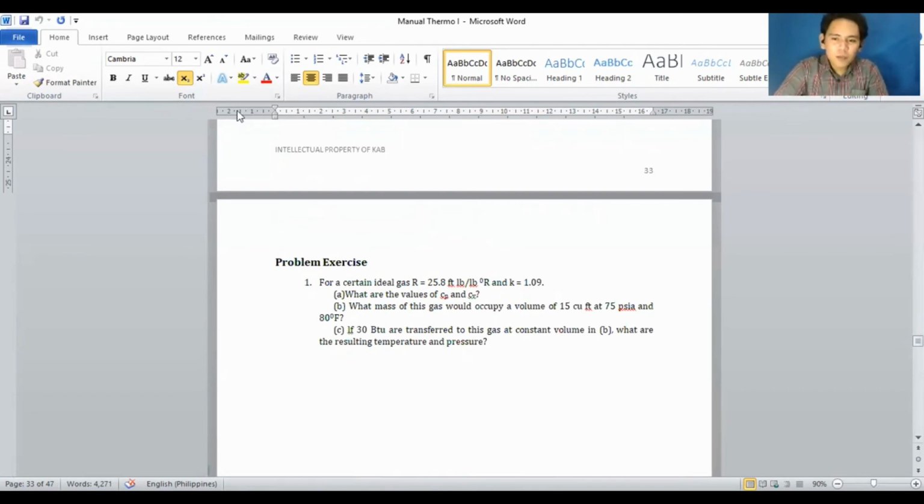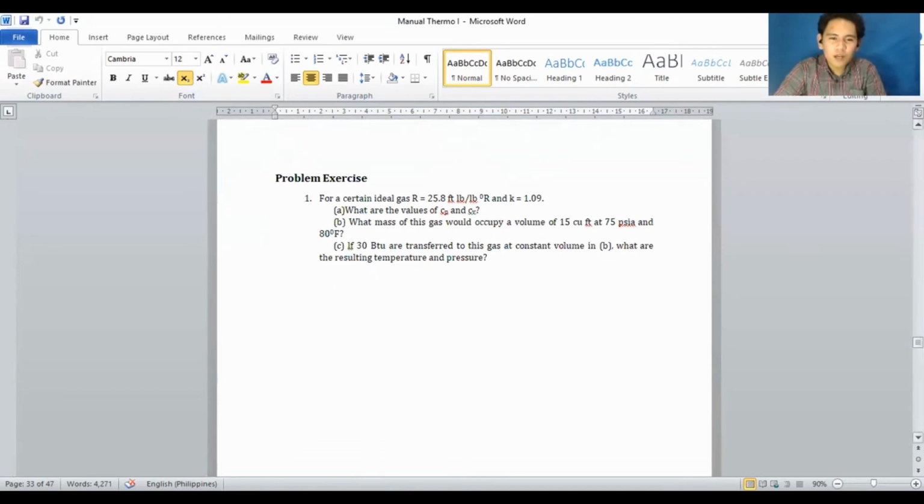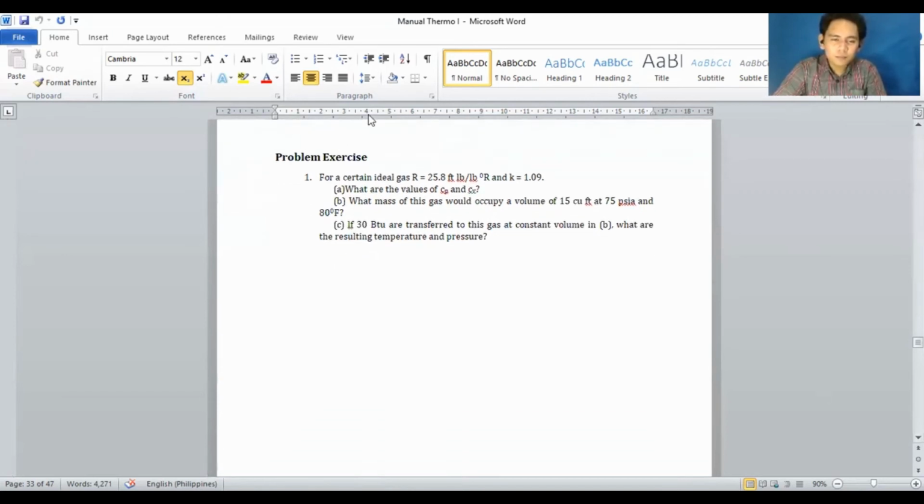In your formulas, we have formulas for getting CP and CV. Your CP equals KR over K minus 1.